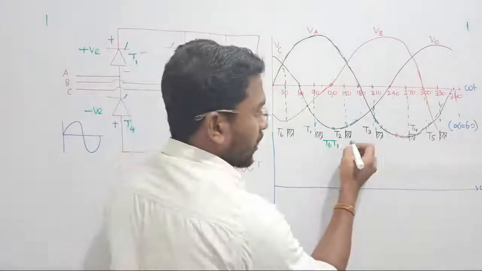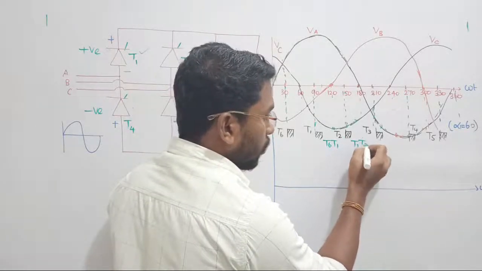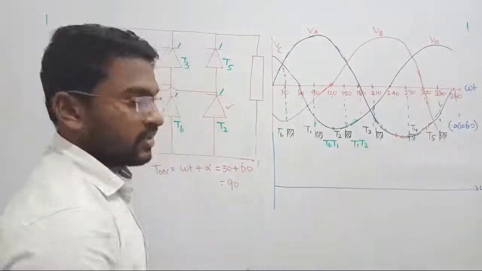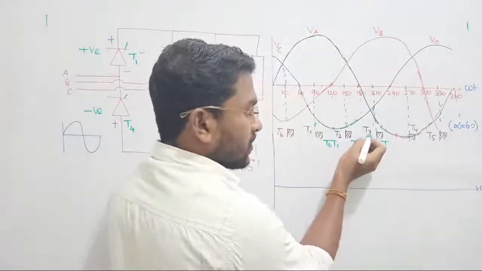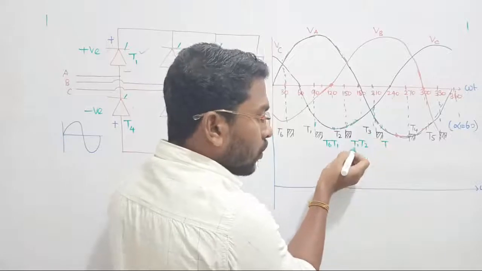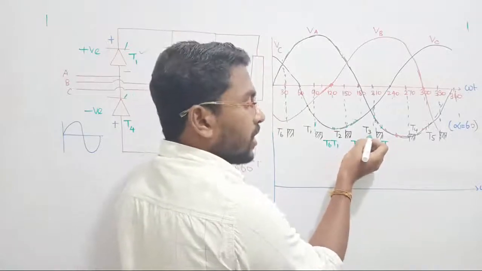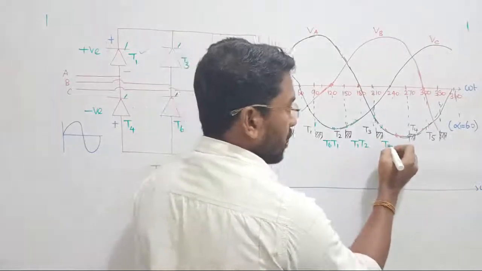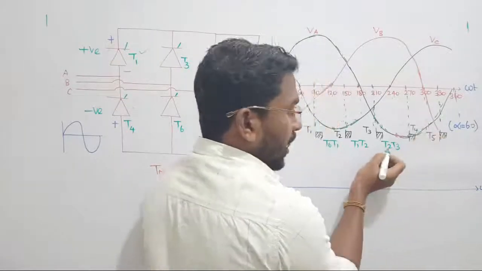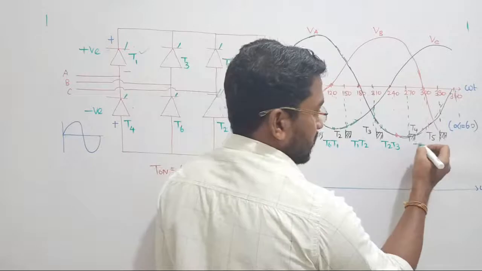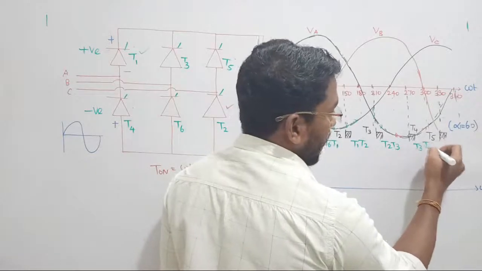T6 will be replaced by T2, such that T1 and T2 are going to carry the passengers, and then after crossing T3, the odd number will be replaced. 3 is an odd number, so the old odd number will be replaced by the new odd number, so it becomes T2 and T3 carrying the passengers. After crossing T4, right, the existing even number will be replaced such that T3 and T4 are going to carry the passengers.